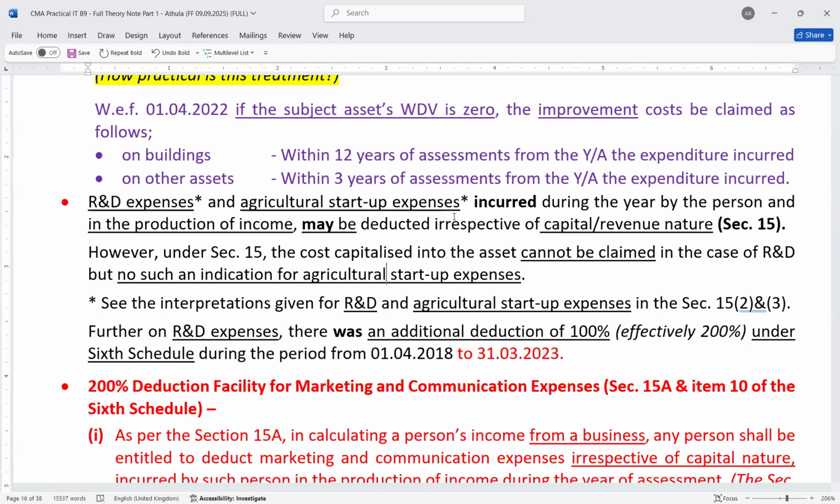But there is no such indication for agricultural startup expenses. In the case of agricultural startup expenses, no indication like that. That means that is also an error. Now, say we build concrete tanks for a fish rearing business, and we capitalize the concrete tanks as equipment.